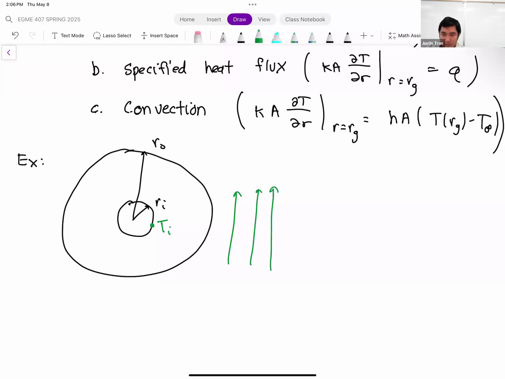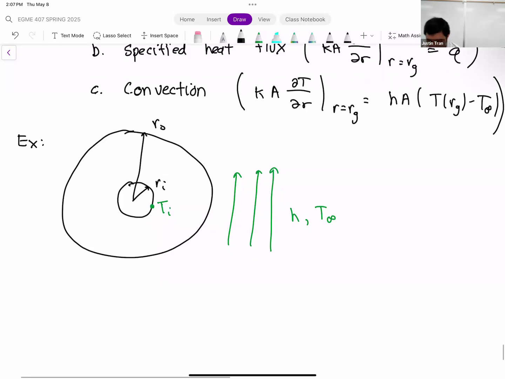And then on the outside of the cylinder, let's say that we have convection going on. So this is H, T infinity. For this situation, you're going to state the boundary condition at Ri and the boundary condition at Ro. If it helps, I would definitely write out in words what these boundary conditions are stating before you go into the mathematics.